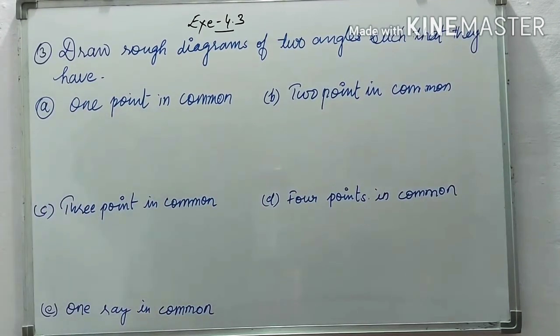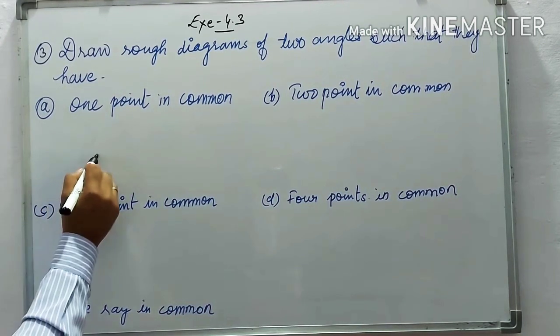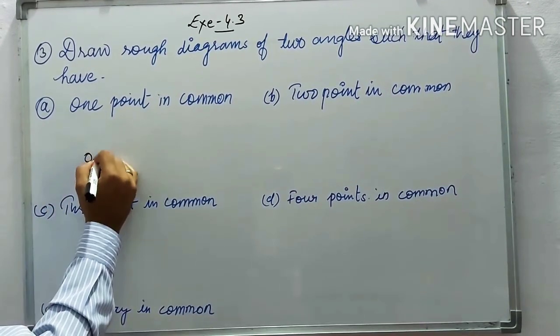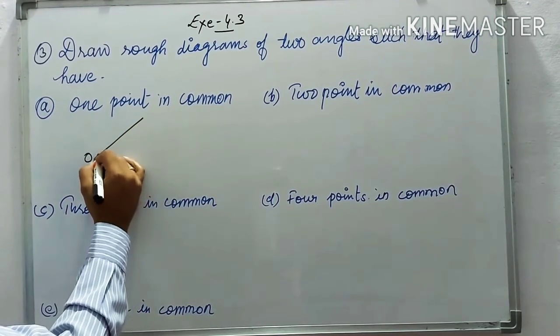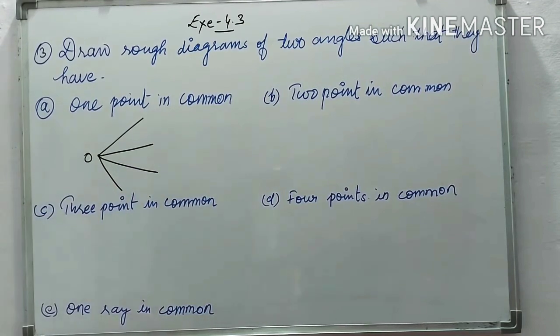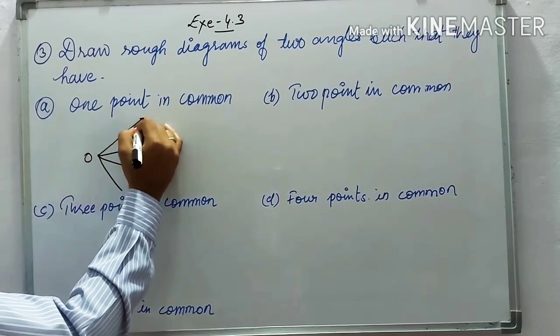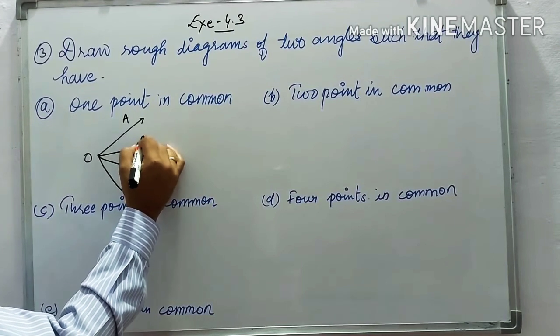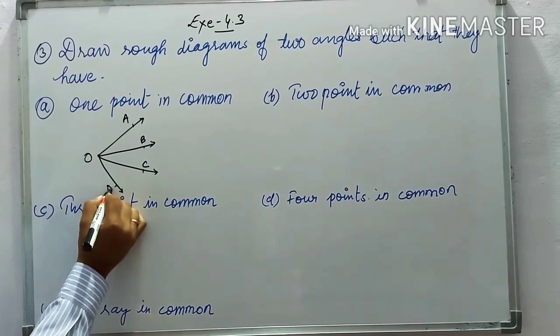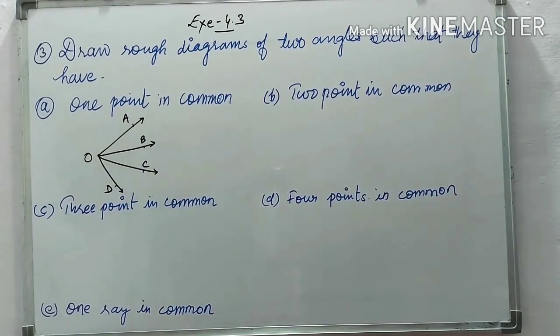You draw two angles with one common point. So point O is common, and here A, B, C, and this is the point D. There is one common point and two angles.